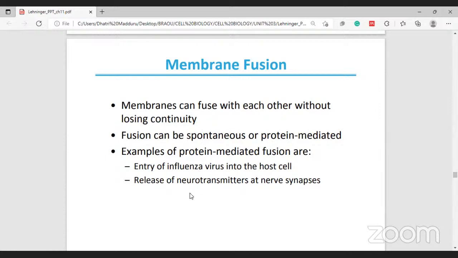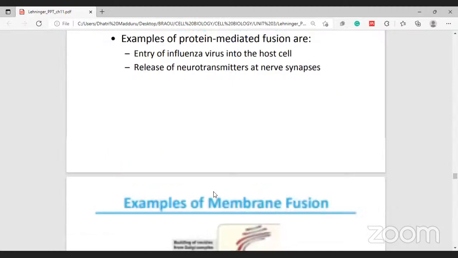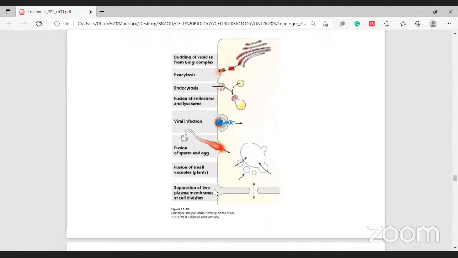When they are released, these vesicles go and fuse with the synaptic membrane of the next neuron, at the receptors present on its membrane, and the two membranes will fuse. Therefore, they release the neurotransmitter. So this is the fusion. These are the various examples of membrane fusion.